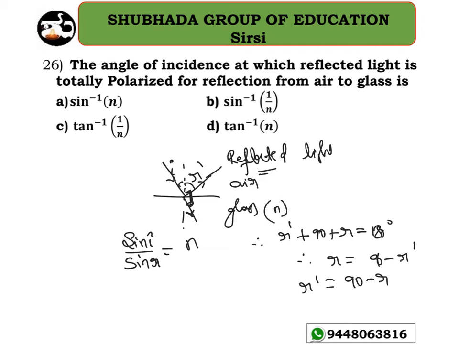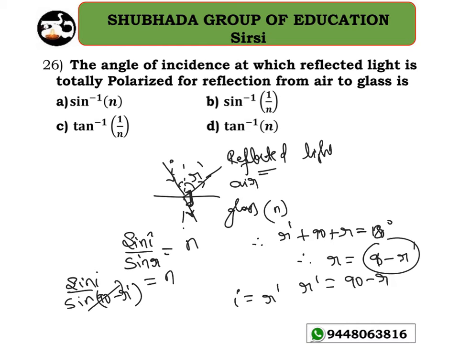Okay, by using the laws of reflection of light, as you know, the angle of incidence is equal to the angle of reflection, I equal to r dash. So instead of r I can substitute 90 minus r dash. So sine I divided by sine of 90 minus r dash is equal to n here.